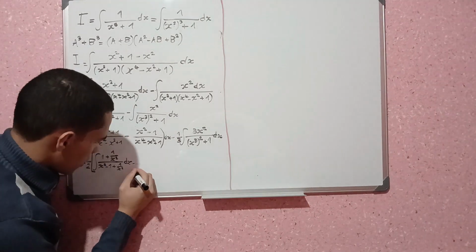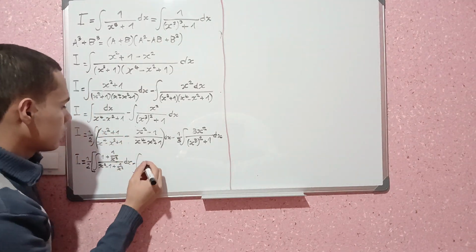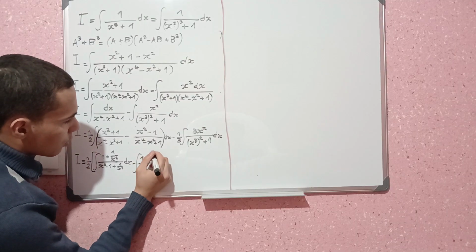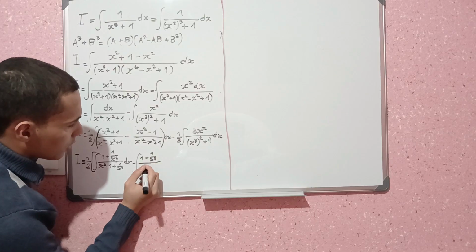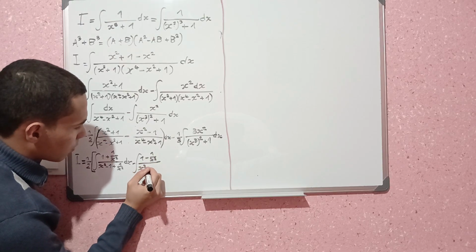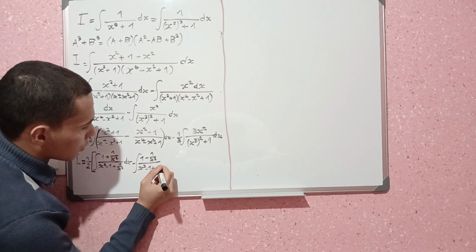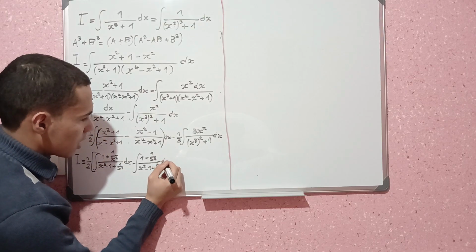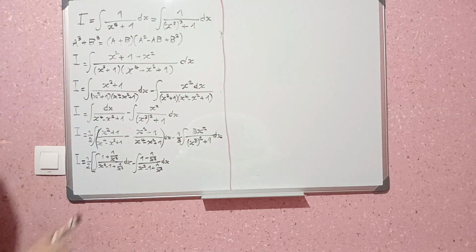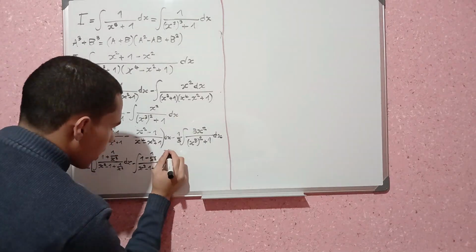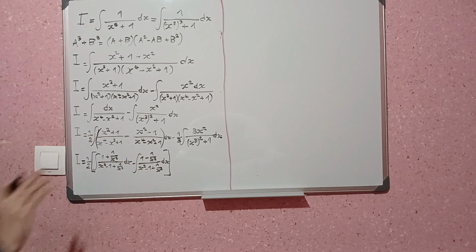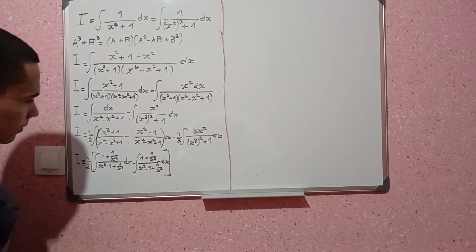So it's the integral of 1 minus 1 over x squared, and here x squared minus 1 plus 1 over x squared, dx, like that. Then close the bracket. So this is the same as that. We just divided everybody by x squared, okay?